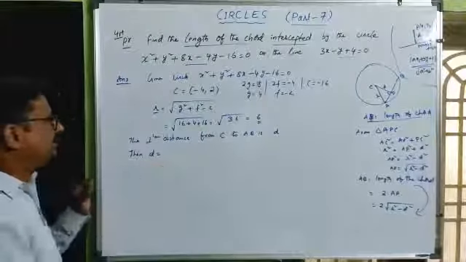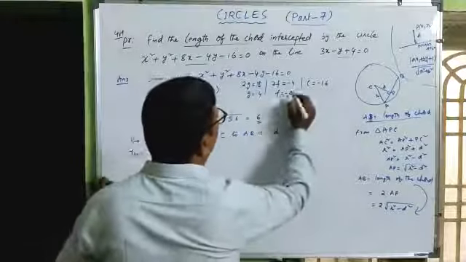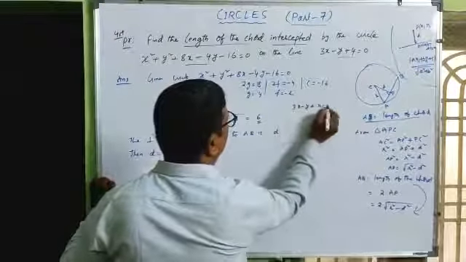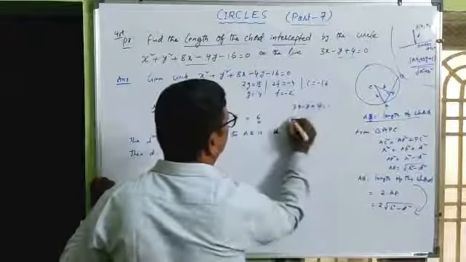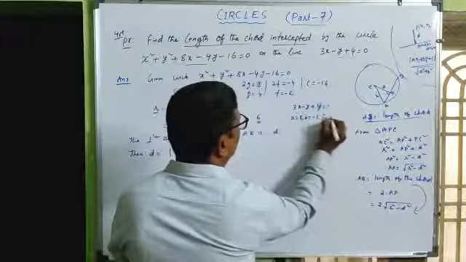Here d is equal to modulus of ax1 and so on. So what are a, b, c here? The line is 3x minus y plus 4 is equal to 0. So a is 3, b is minus 1, c is 4.